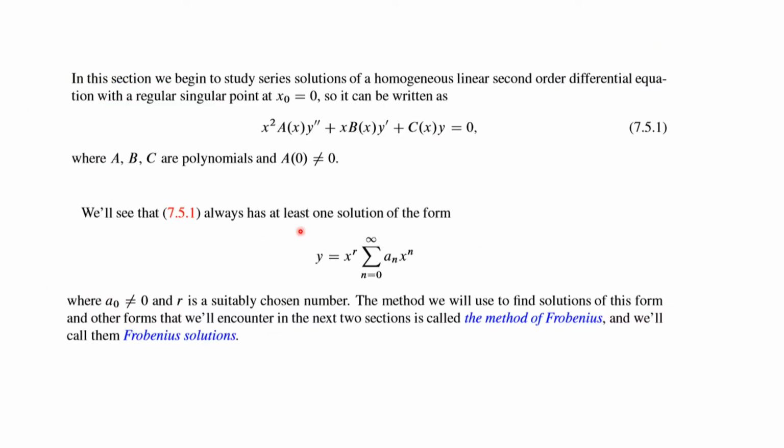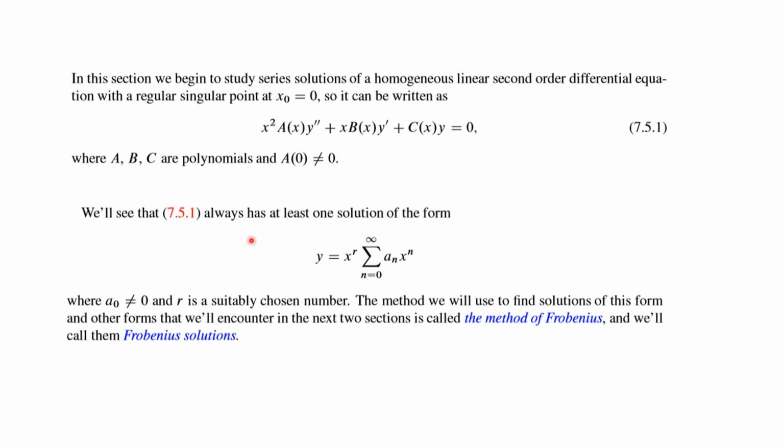So in this section we begin to study series solutions of a homogeneous linear second order differential equation with a regular singular point x0 equal to 0, and it can be written this way, where a of x, b of x, and c of x are polynomials, and a of 0 does not equal 0.